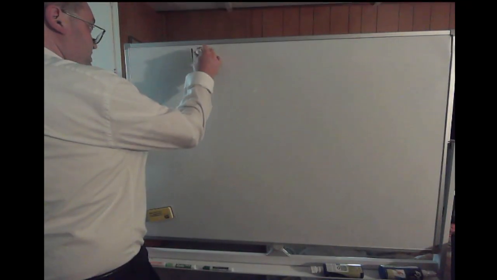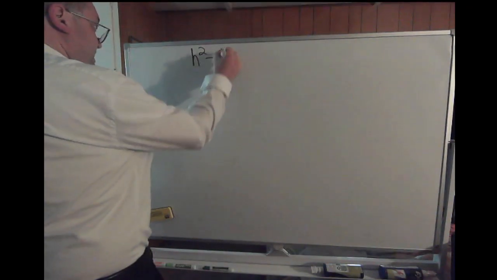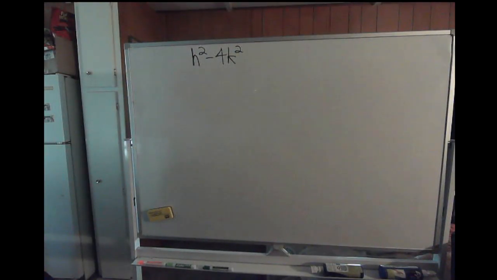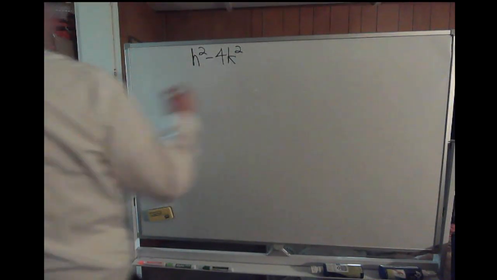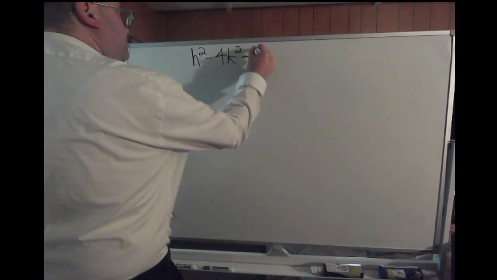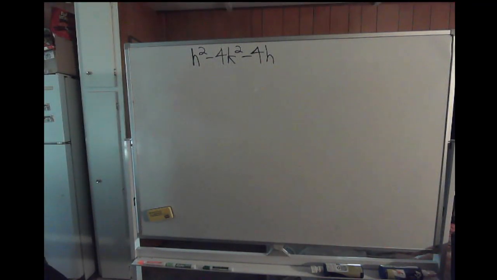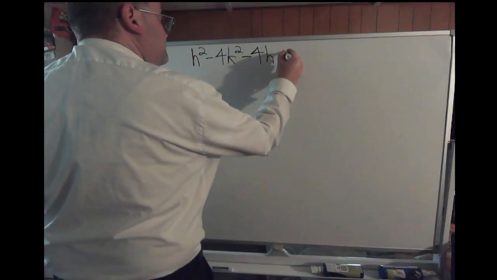Alright. H squared minus 4k squared minus 4h plus 4.